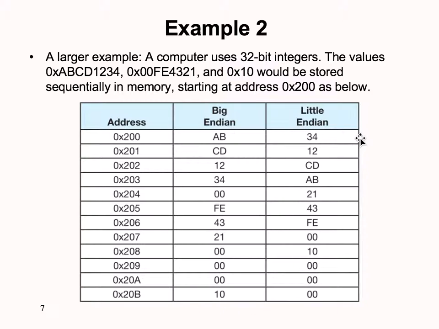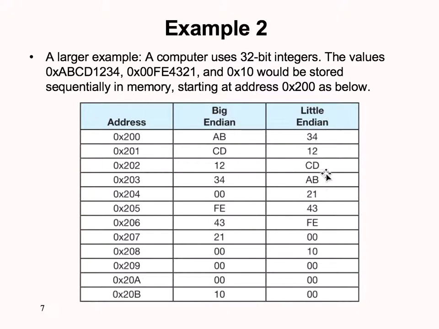On the other hand, if we use little endian to represent these numbers, the least significant byte is represented first. So we have 34 stored at address 200, and the next least significant byte is represented at the second address, 201, and so on.